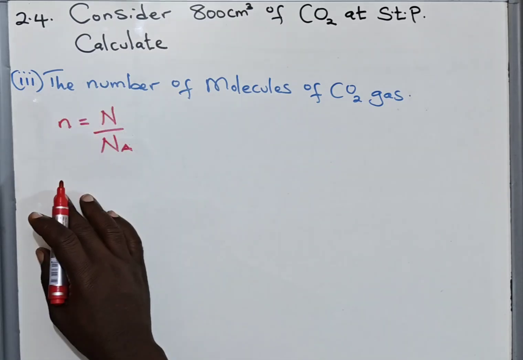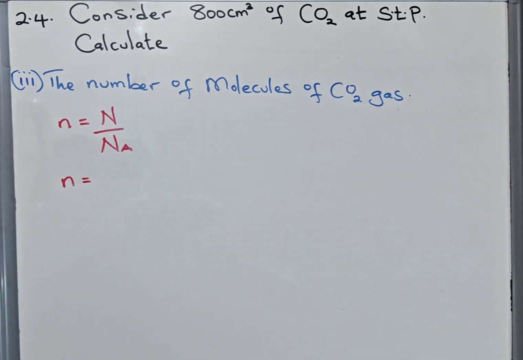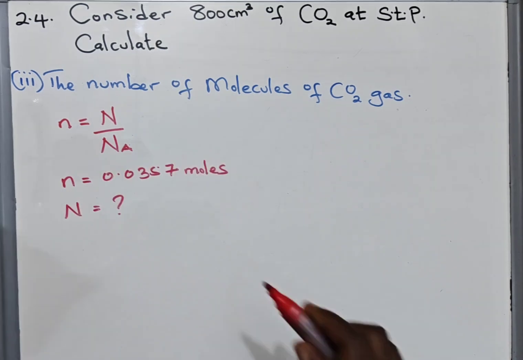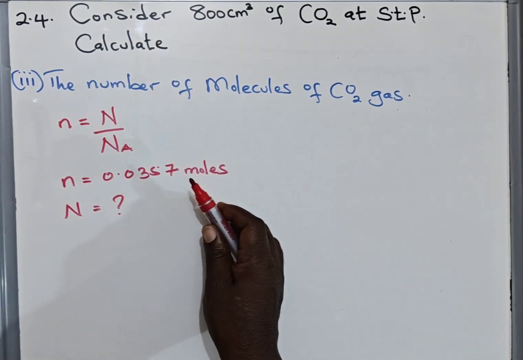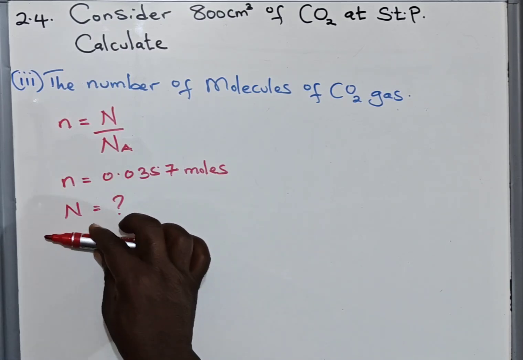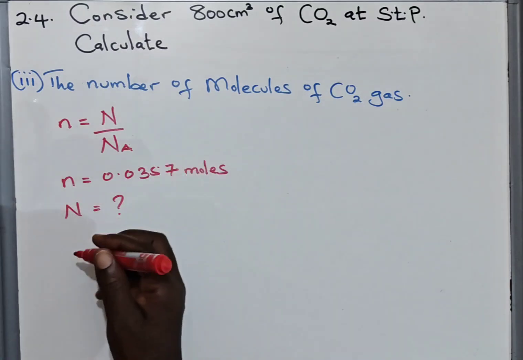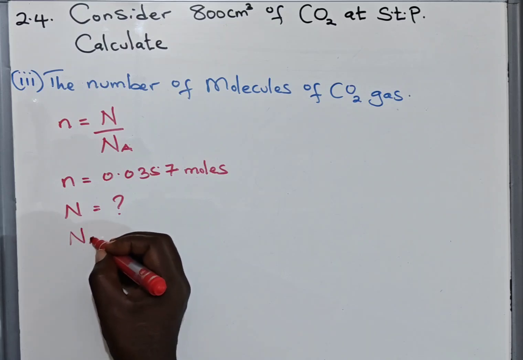Then we check with what we have. We found n already, which is 0.0357 moles. We are looking for N, representing in this case the number of molecules, and Na is also known.